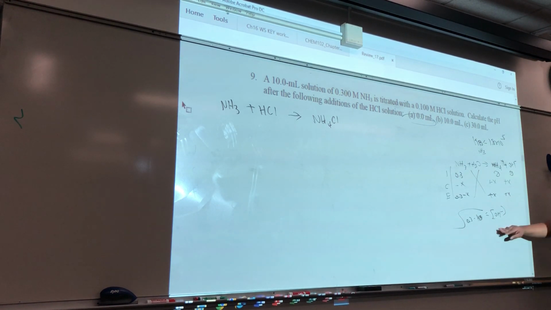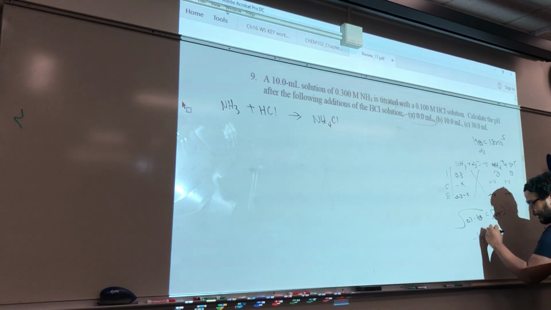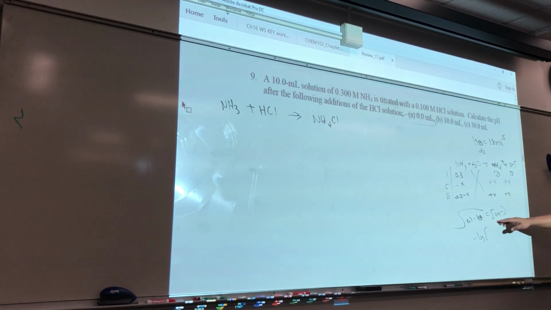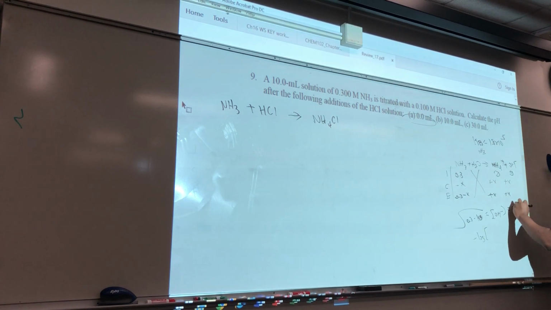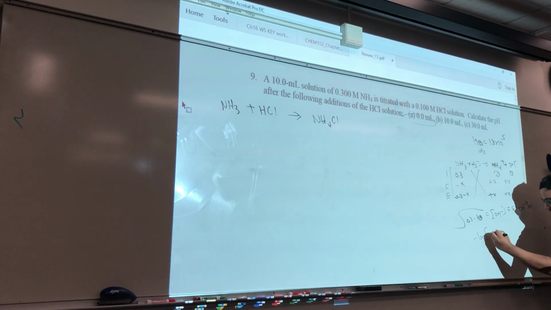We get the negative log of this, and that would give us pOH, which is not what we want. We want the pH. So negative log of, what do you get when you punch the square root? You get 5.3 times 10 to the negative 3, and you take the negative log of that, you get 2.28.